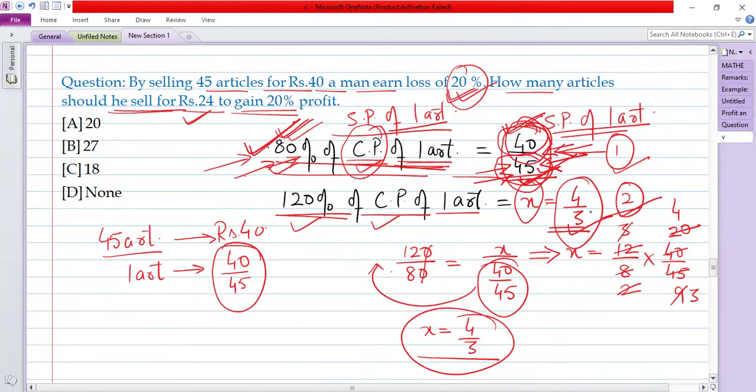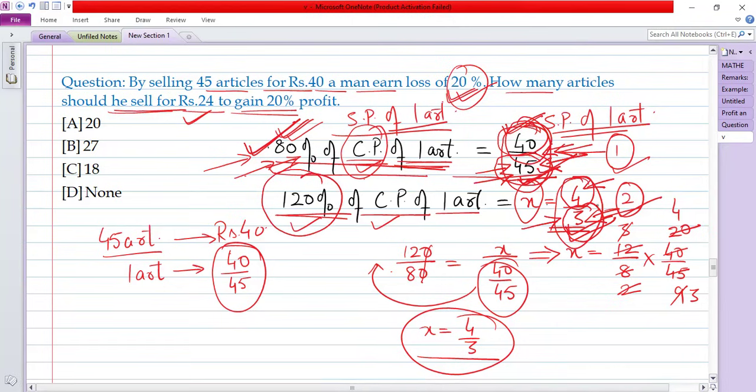So what is the meaning of this 4 by 3? For selling three articles for the amount of 4 rupees, means by selling 3 articles for rupees 4, the profit will be 20%.